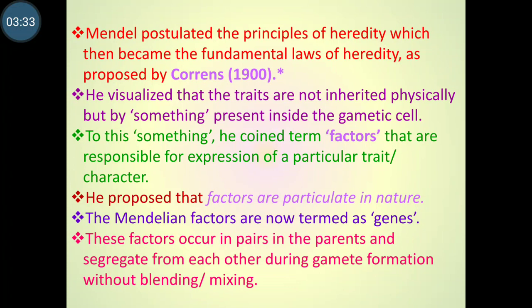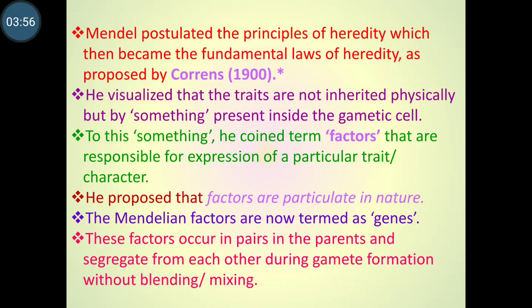Then Mendel postulated the principles of heredity, which then became the fundamental laws of heredity as proposed by Correns in 1900. He visualized that the traits are not inherited physically but by something present inside the gametic cell.